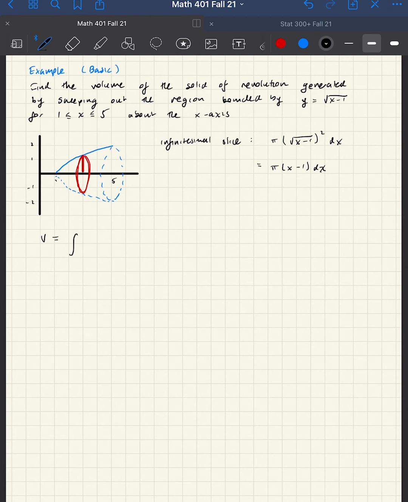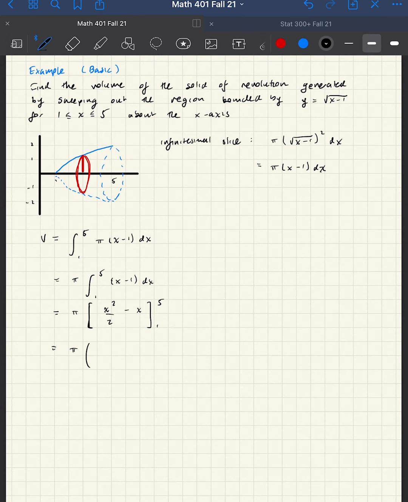And so, if we want to find the volume, we just need to integrate from 1 to 5 of pi x minus 1 dx. Which shouldn't be bad, because this is a polynomial, so we'll factor out a pi, integral from 1 to 5 of x minus 1 dx, which is pi times x squared over 2 minus x from 1 to 5.